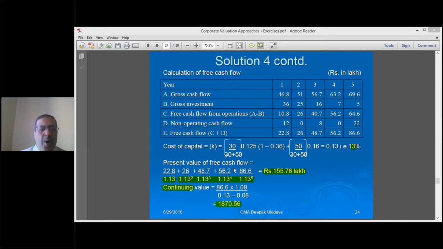Free cash flow from operations, FCFO, plus non-operating cash flow will give you FCFF. आपने जो free cash flow लिखा, उधर free cash flow मत लिखना, उधर लिखो free cash flow minus delta capex minus delta WC, you get FCFO. FCFO में add non-operating cash flow, you get FCFF, free cash flow to firm.